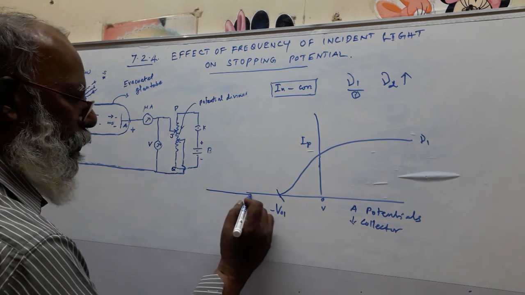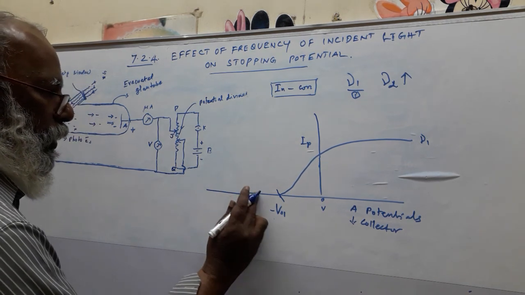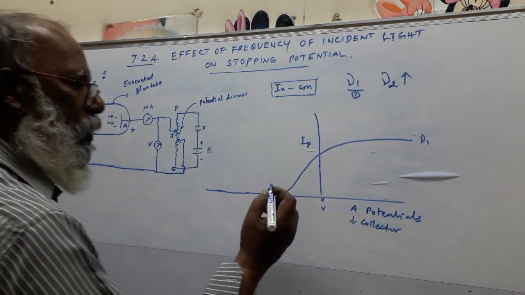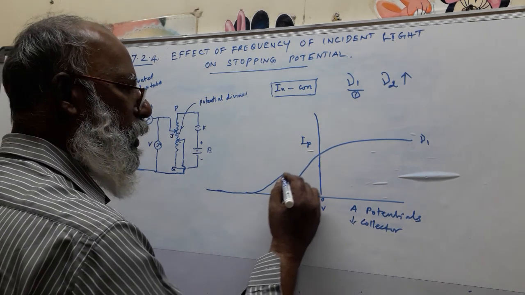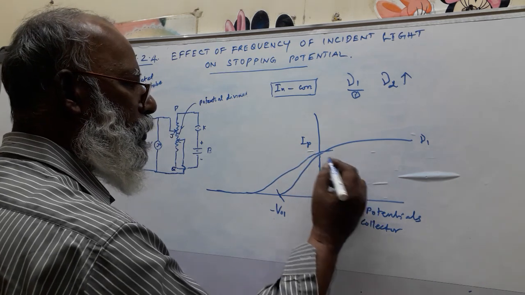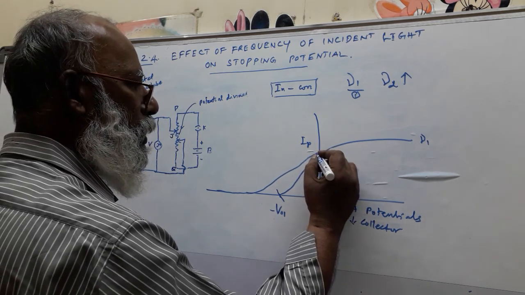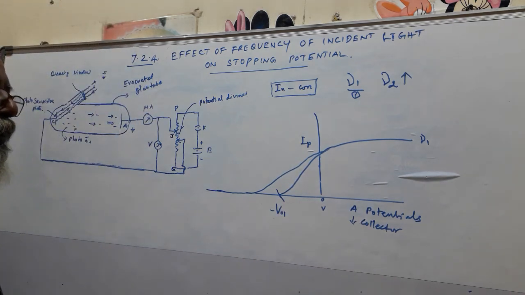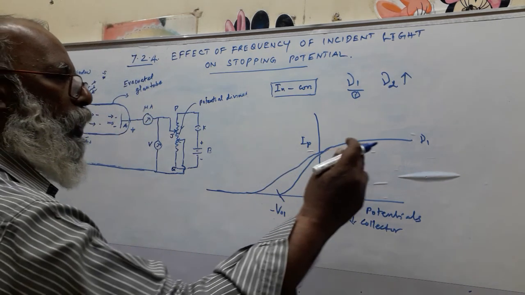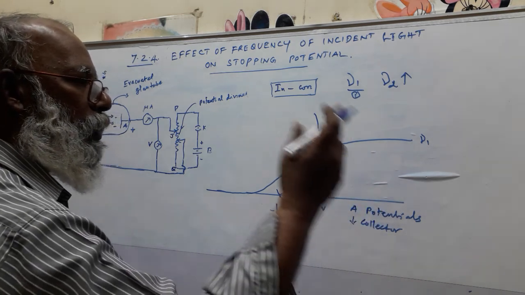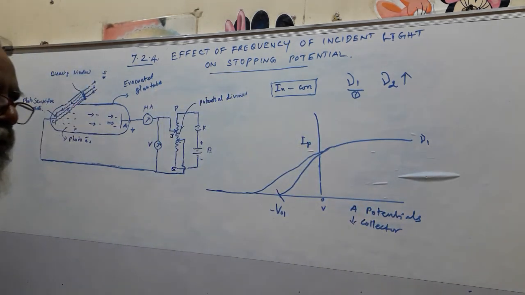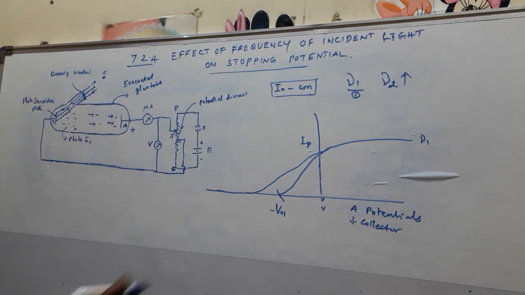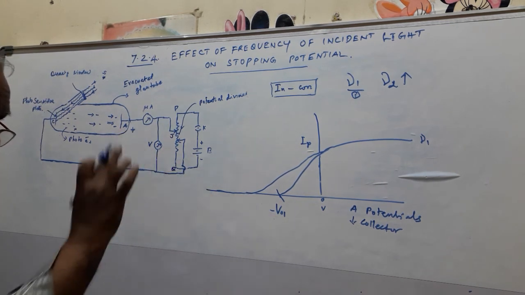That's why we are getting a graph like this. I think you may have understood. If you are increasing the frequency of the incident ray, the stopping potential will increase.